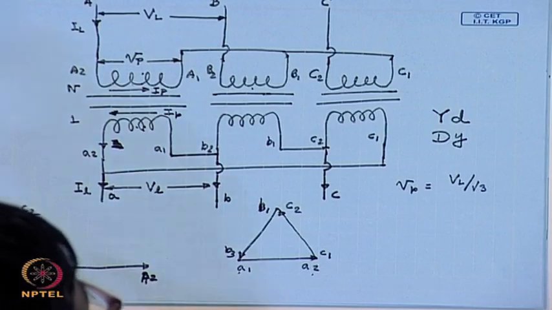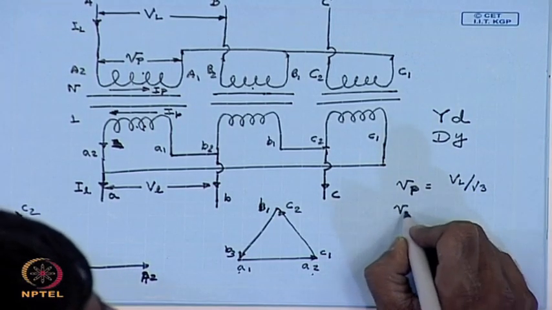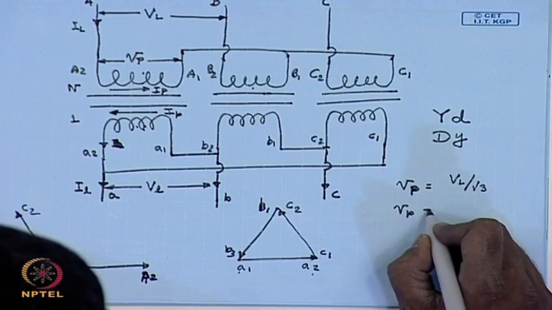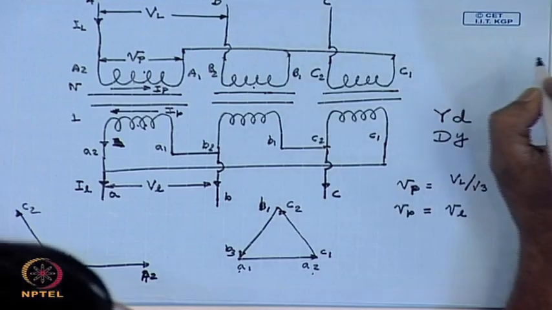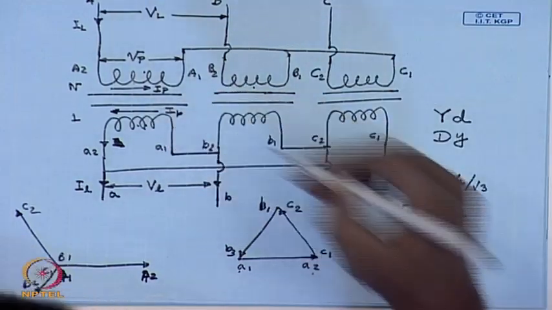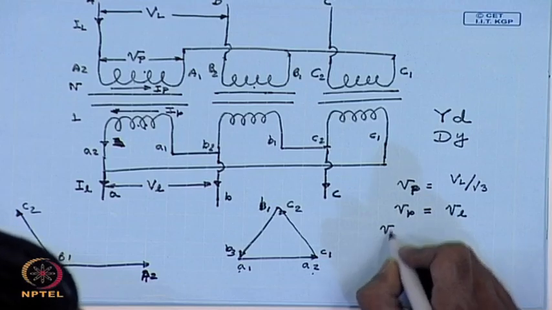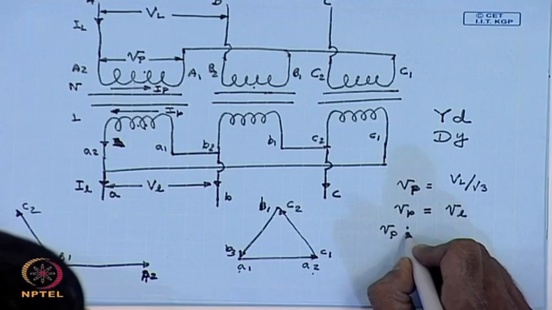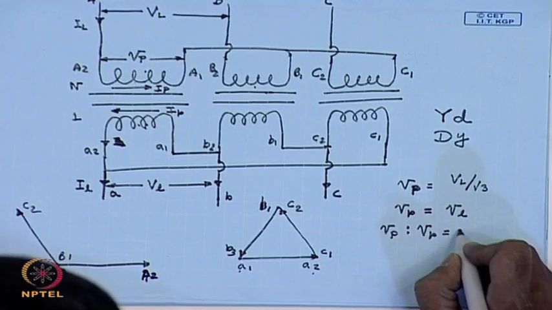On the other hand, on the low voltage side, the phase voltage V_p equals the line voltage V_l. But from the transformer relation, V_P is to V_p is equal to n is to 1.